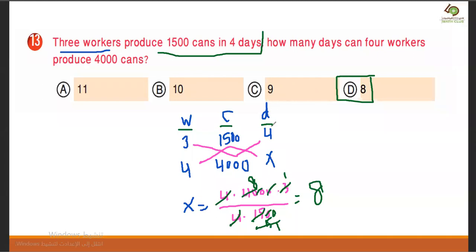I put X under days. Can 4 workers, we write 4 workers, produce what? 4,000. Then I want to find X. How do I find X? You multiply 4 times 4,000 times 3, divided by 4 times 1,500. Then you simplify, you get 8.